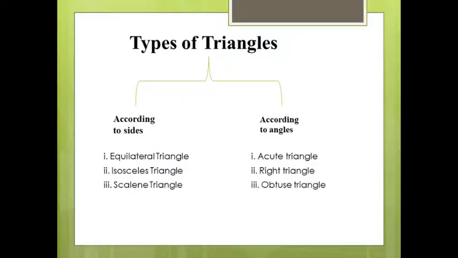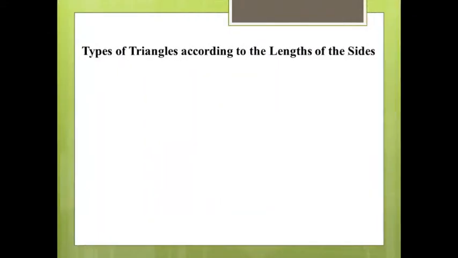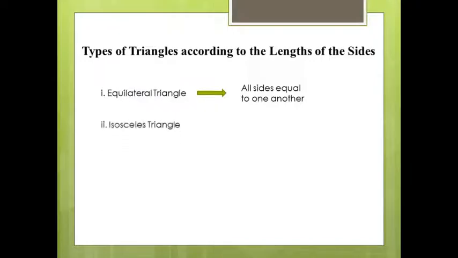So, according to the length of the sides, the types of the triangles are defined one by one. First of all, we have equilateral triangles. Equilateral triangles are the triangles which have all the sides equal to each other. It means all the three sides of a triangle are equal in length. Second one is isosceles triangle.